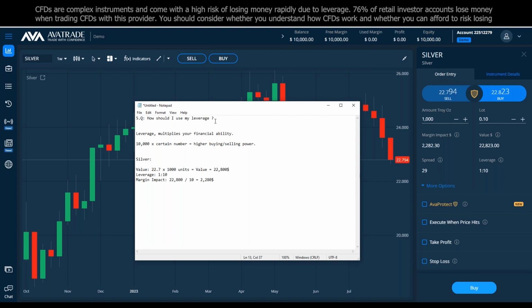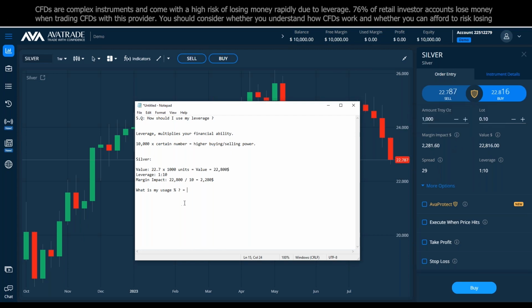So how should I use my leverage? Thanks to the leverage, I can acquire the position. How much margin am I using? What is my usage percentage? Let's suppose that I have a position now with silver, another position with sugar, another position with God knows what, and all of my positions together are around the same margin impact.